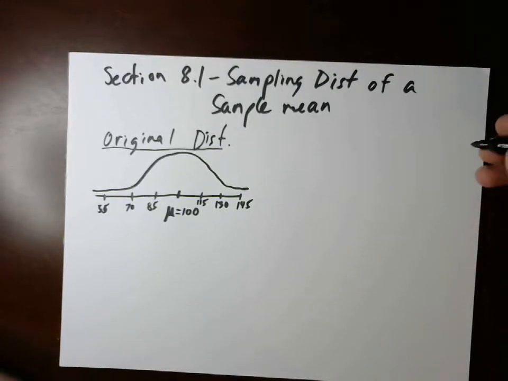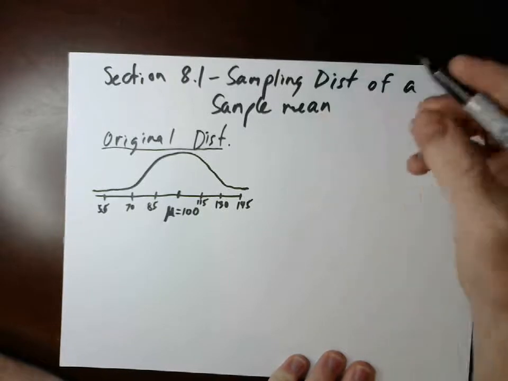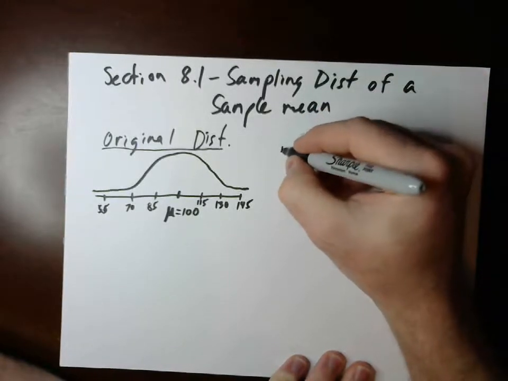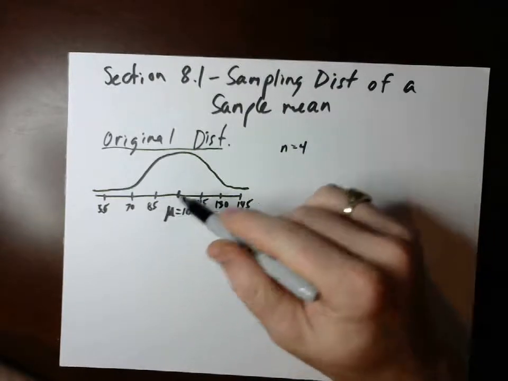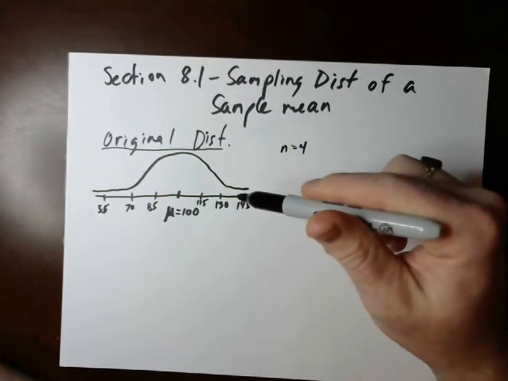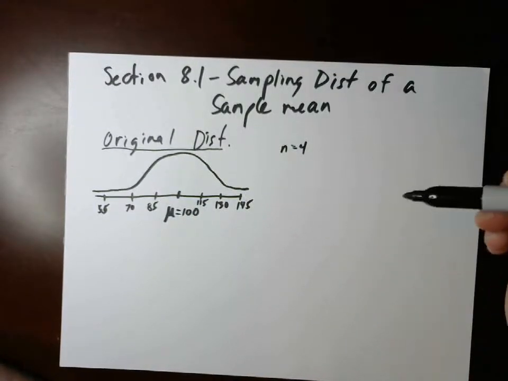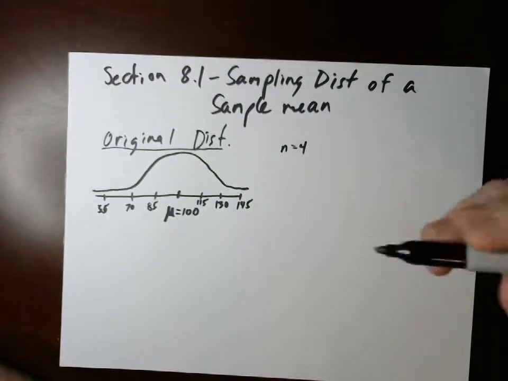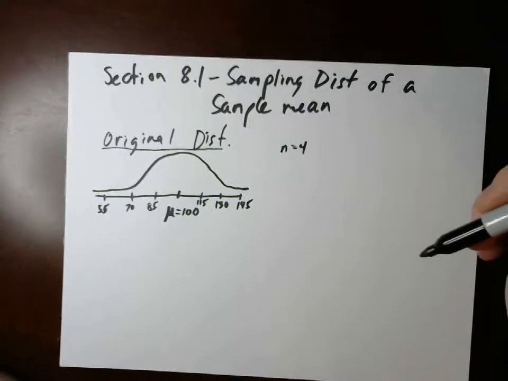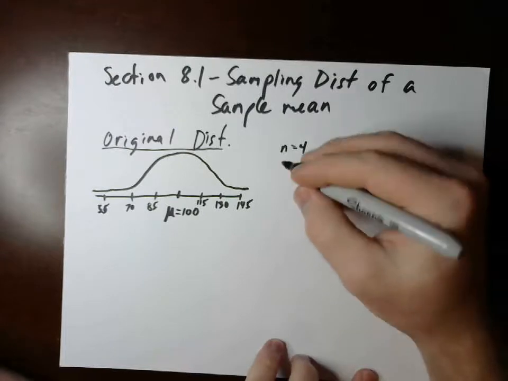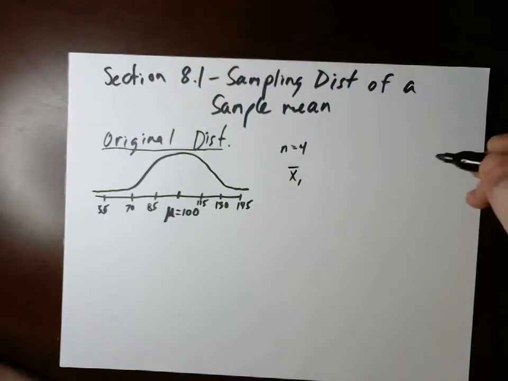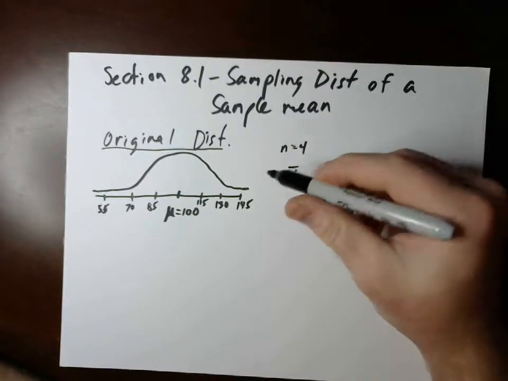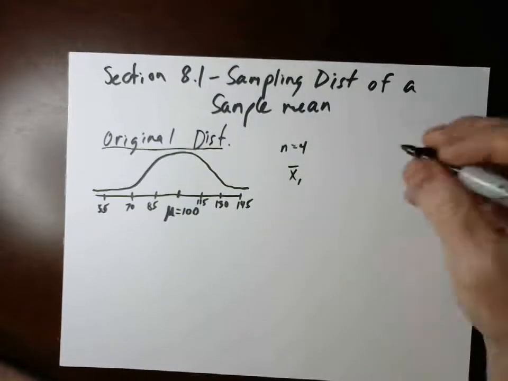Now if we were to take a random sampling from this distribution, let's say of size n equals 4. Let's make this easy at first. We're going to take a random sampling from this original distribution of size n equals 4 and figure out the average of that sample. Let's say x1 bar represents the first sampling from the original distribution.